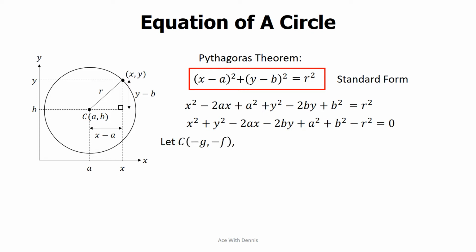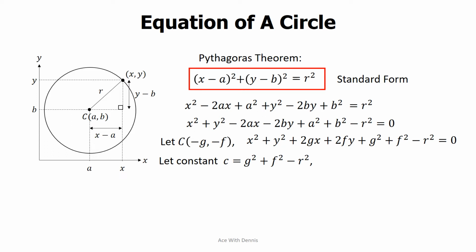So let the center of the circle C coordinates be negative g, negative f. Then we just substitute a as negative g, b as negative f. The equation becomes x squared plus y squared plus 2gx plus 2fy plus g squared plus f squared minus r squared equals 0.